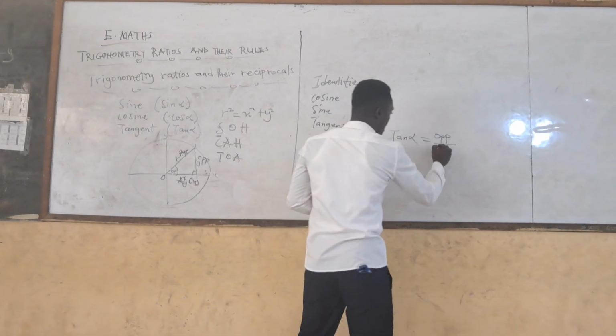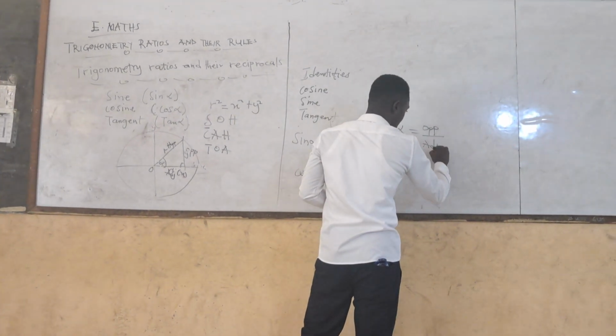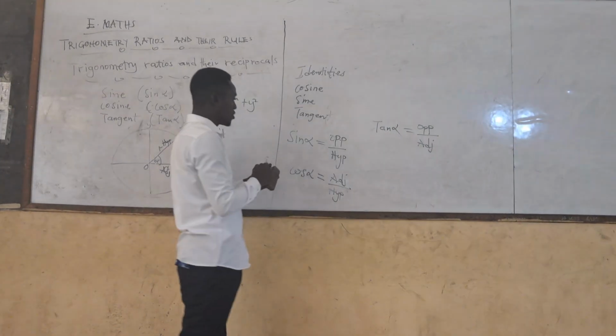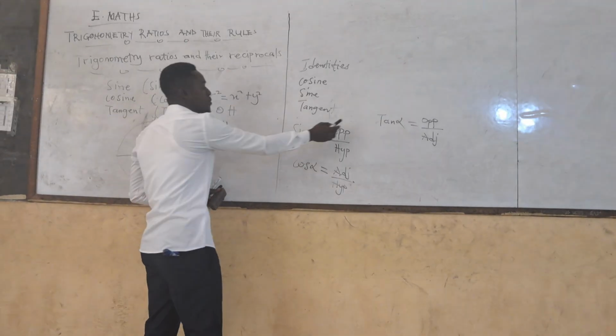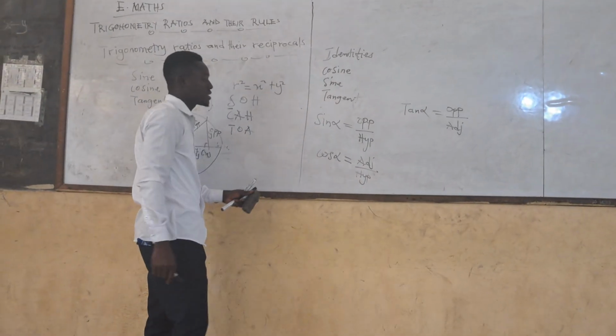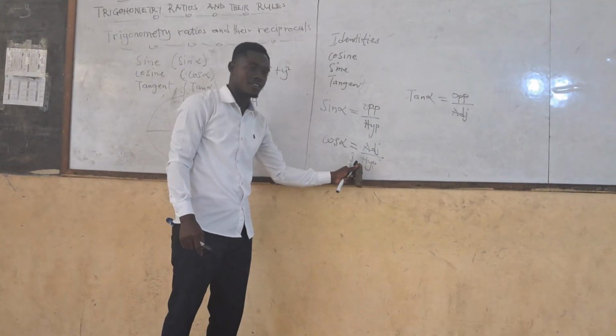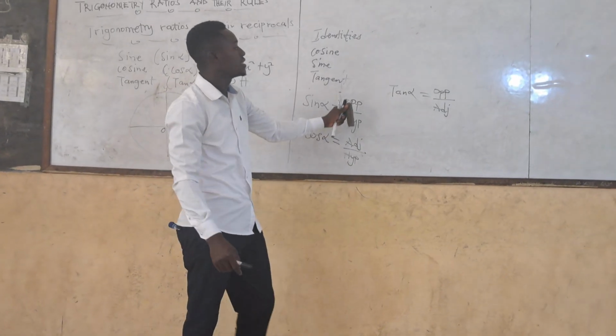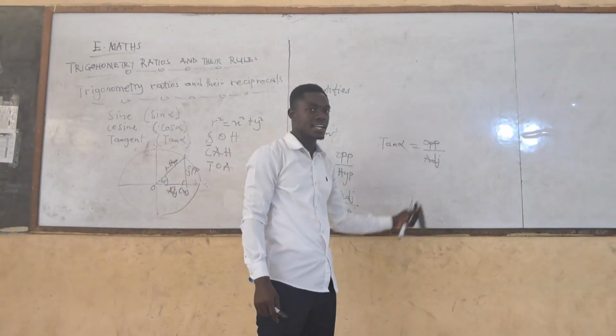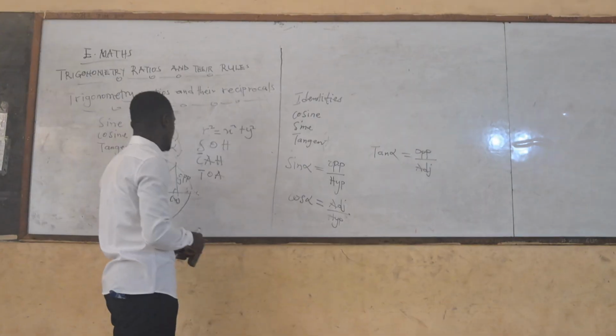So sine is equal to opposite over hypotenuse, cos is adjacent over hypotenuse, and tan is opposite over adjacent. So these are the ratios. Now let's see.